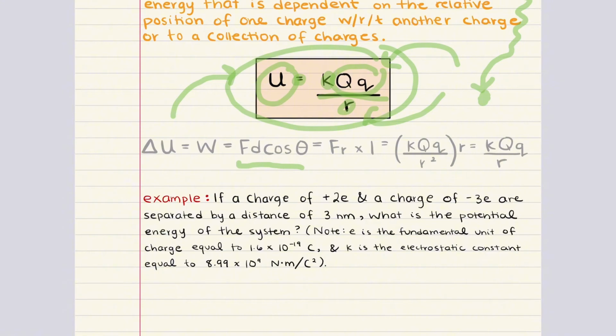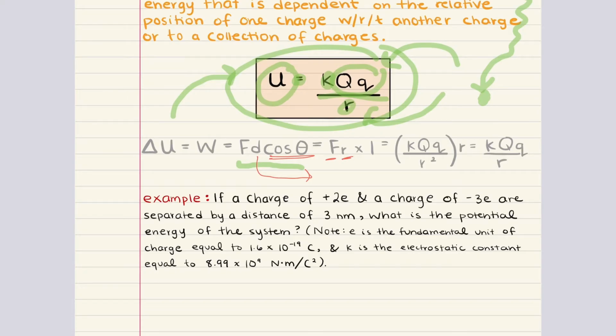We're going to say that d is defined as the distance r that separates two charges, and we're going to assume that force and displacement vectors are parallel, so cosine theta is going to equal 1. With that simplification, we can write that work is equal to the force multiplied by r.